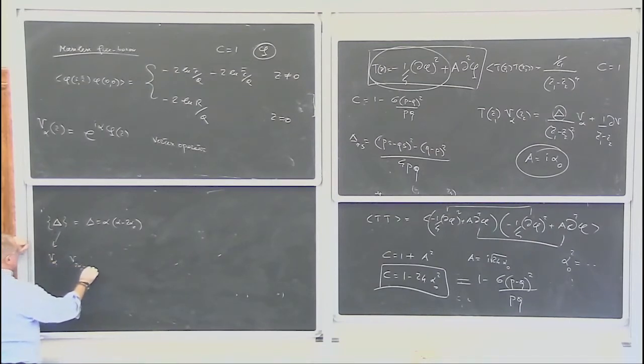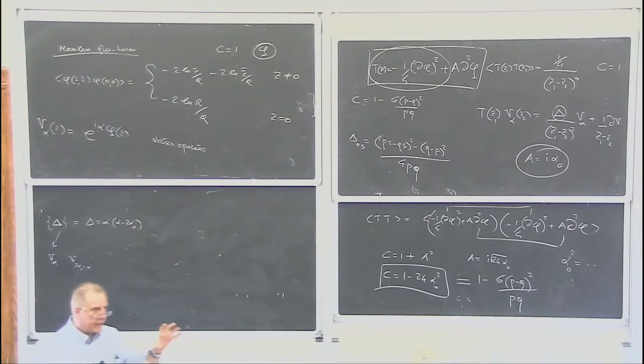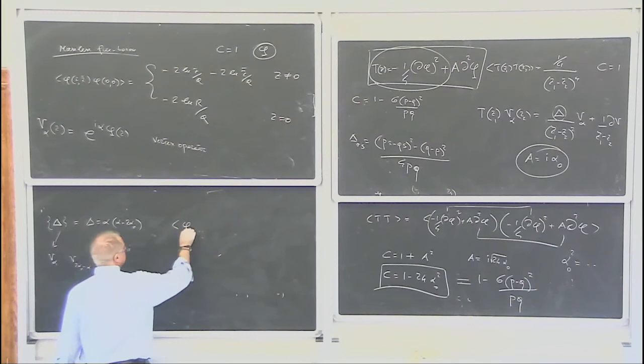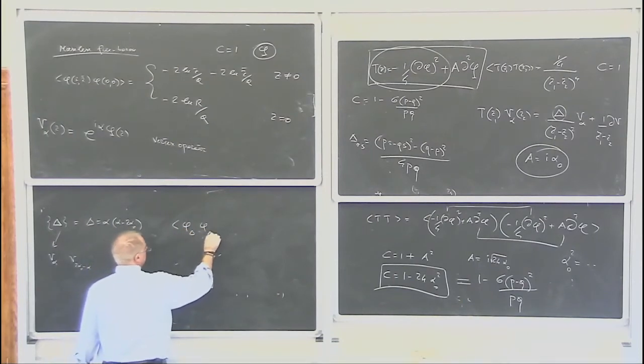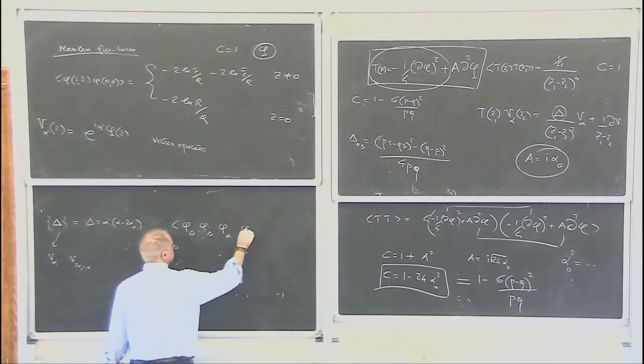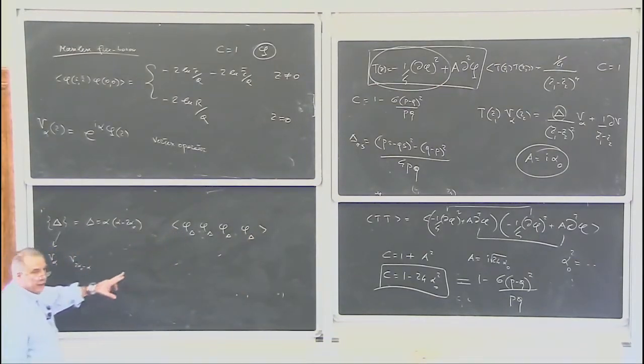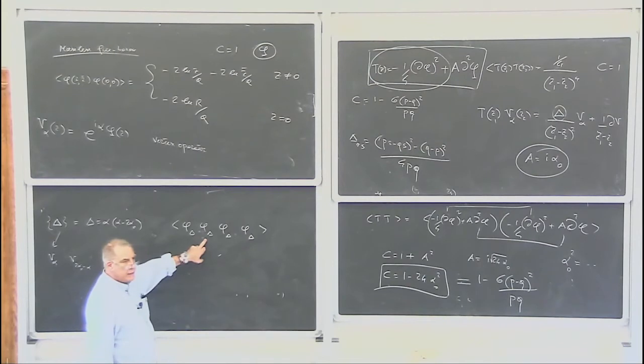I have 2 equivalent ways. So given delta, I have 2 fields of different charges which are exactly the same. Now, consider the 4-point function of the same field like this. This term has to be definitely different from 0.